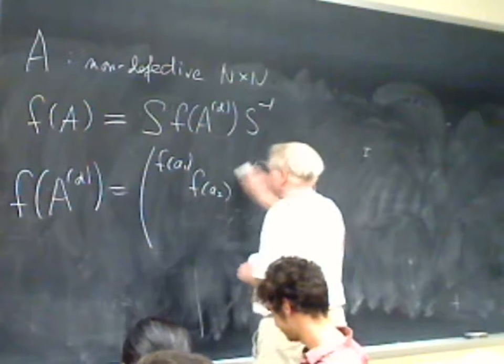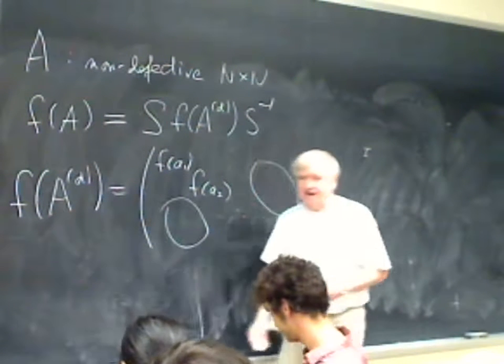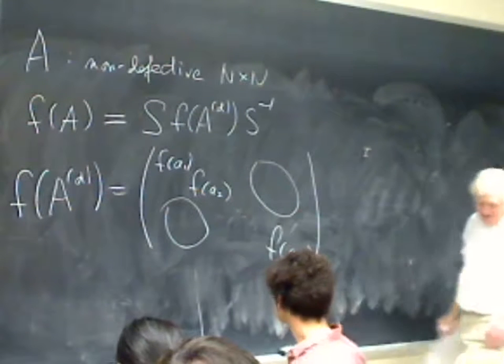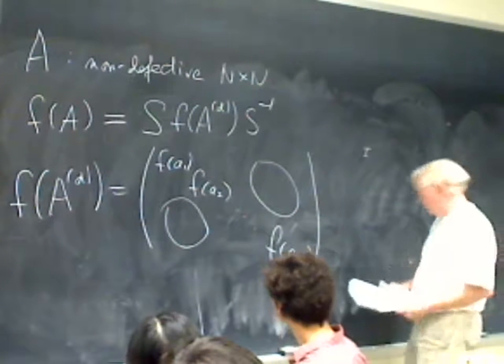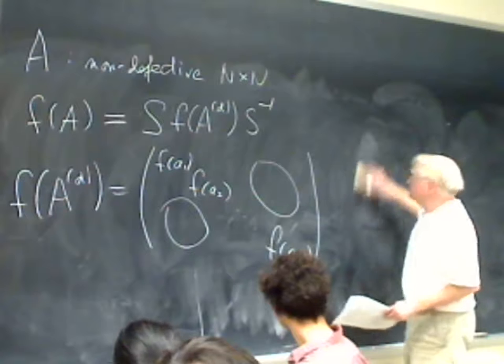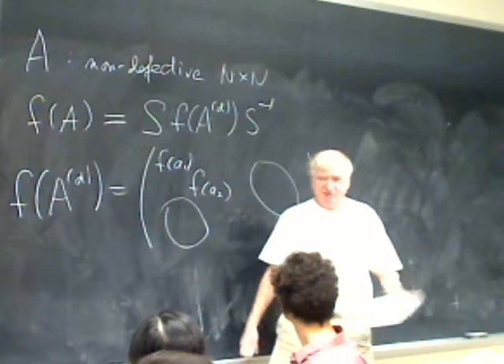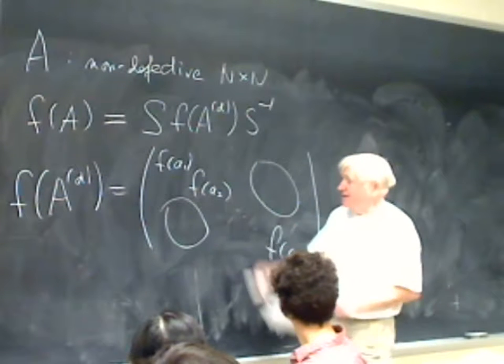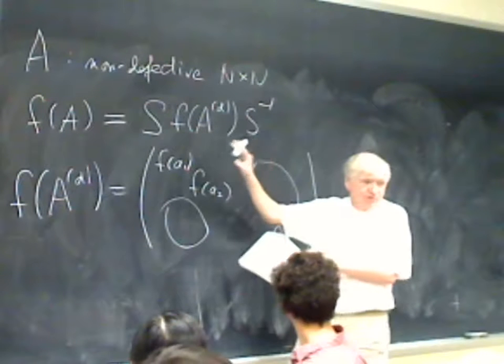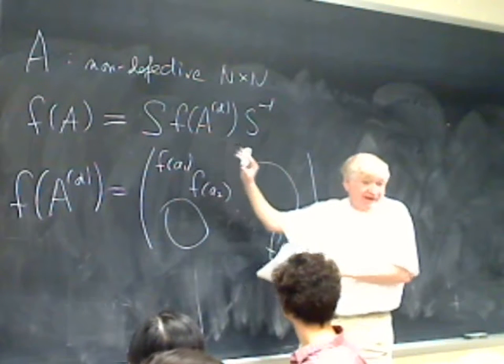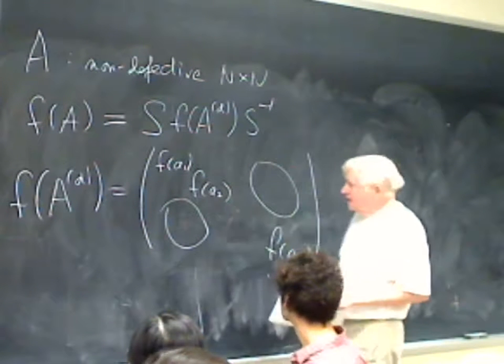Okay, zeros elsewhere. All right, so this is the diagonal matrix. So this is a general rule, and in fact, if you think more generally in terms of linear operators acting on infinite dimensional vector spaces, this is how you think about it. This is certainly how I think about it.